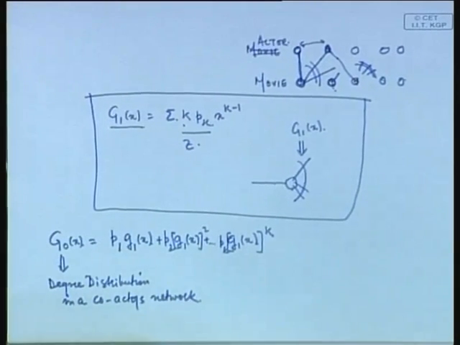Basically, from the bipartite network, I am constructing a unipartite network, and I am trying to write the degree distribution of that unipartite network. That is why I am writing G0x. Okay. Am I clear?